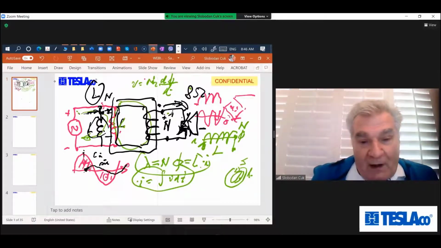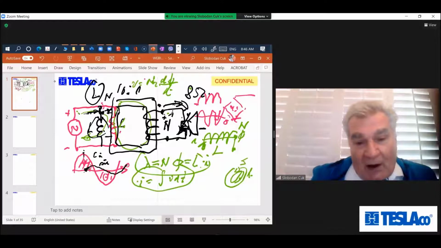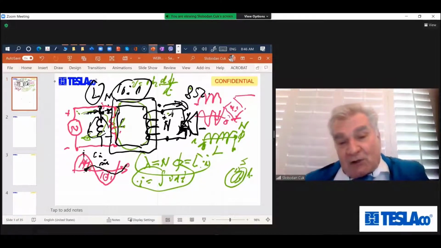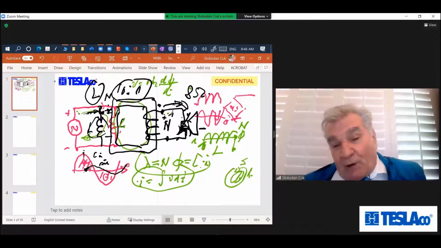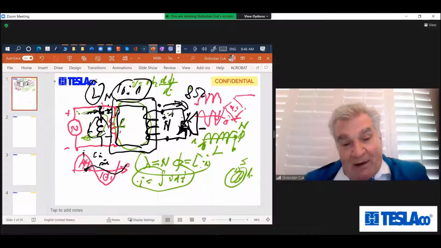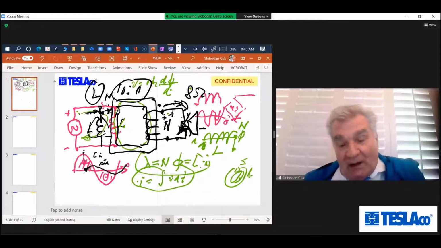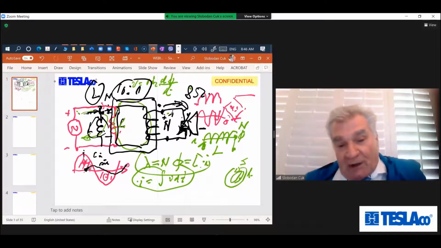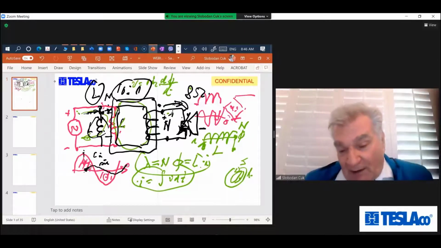So if you have a 10-to-1 step down from primary to secondary, secondary devices should have 10 times smaller voltage, but 10 times higher current. And primary devices, likewise, if you have 1 volt on the output and a 10-to-1 step down, the primary will have 10 times higher voltage, but 10 times smaller current.